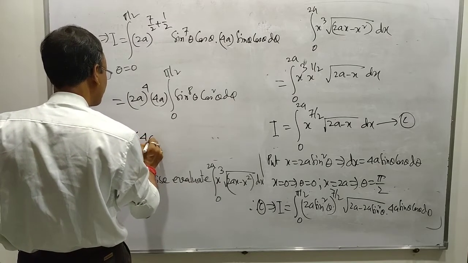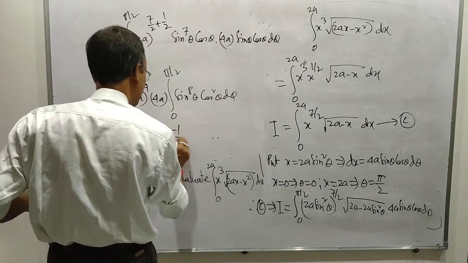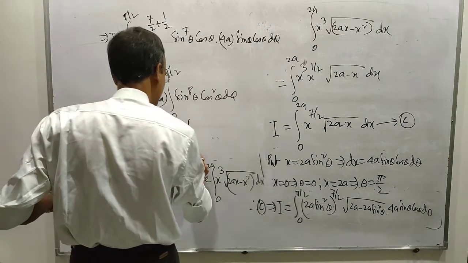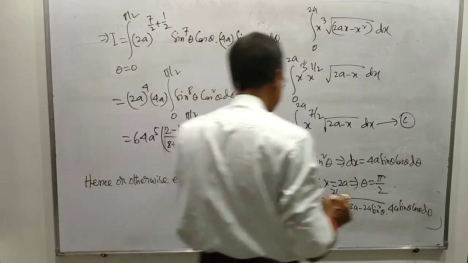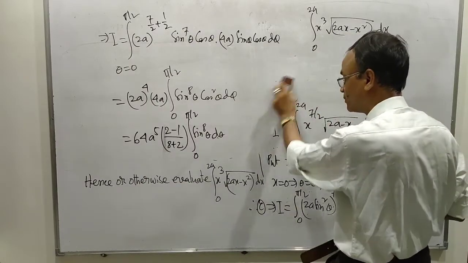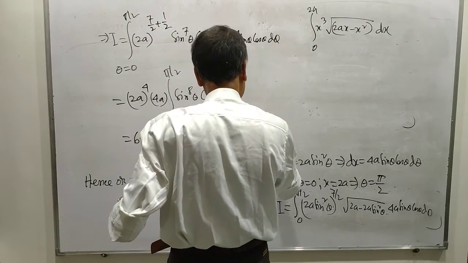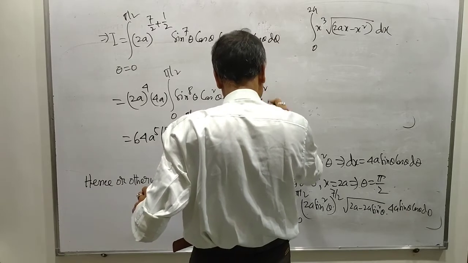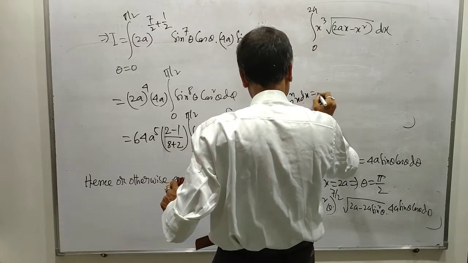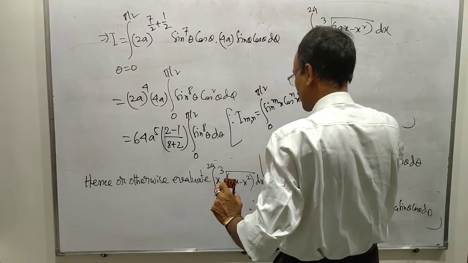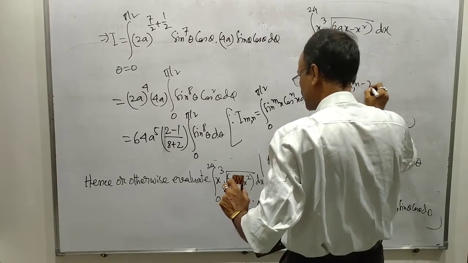This is equal to 64a to the power 5 times integration, which is equal to 2 minus 1 divided by 8 plus 2, integration 0 to pi by 2 sin to the power 8 theta d theta. You may write like this because, since I_m,n is integration 0 to pi by 2 of sin to the power m x cos to the power n x dx, this is equal to n minus 1 divided by m plus n into I_m,n minus 2.